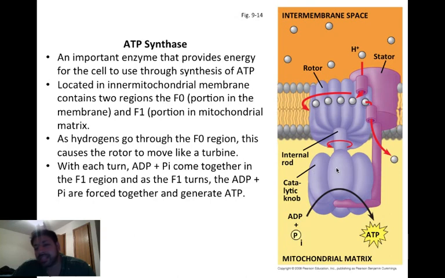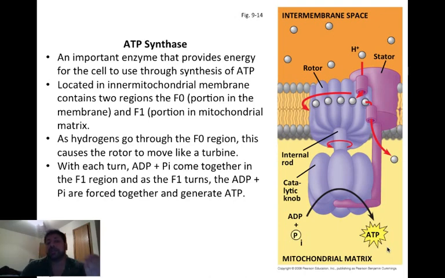As this F1 region of the ATP synthase starts spinning, the ADP and the Pi, or phosphates, get caught up in this ATP synthase, and as it turns, it's ultimately bringing the ADP and the phosphates closer together and generating ATP.